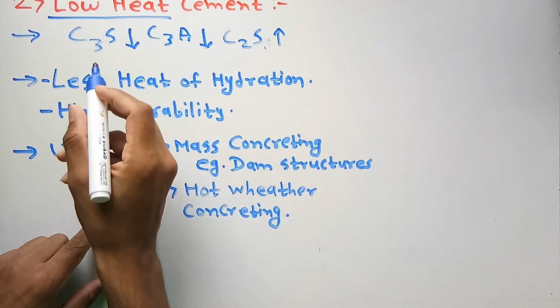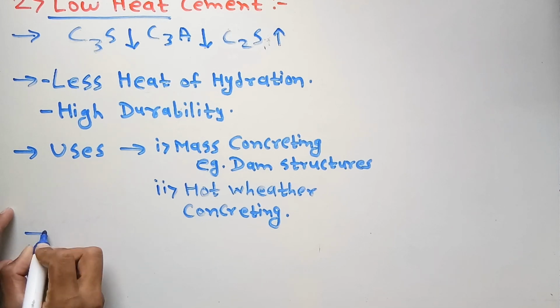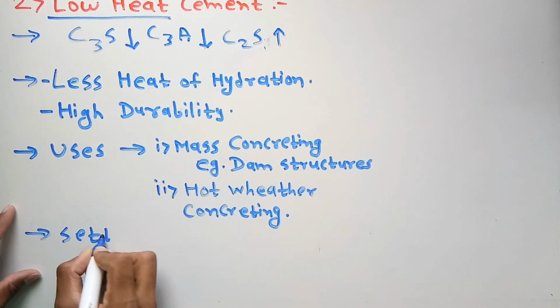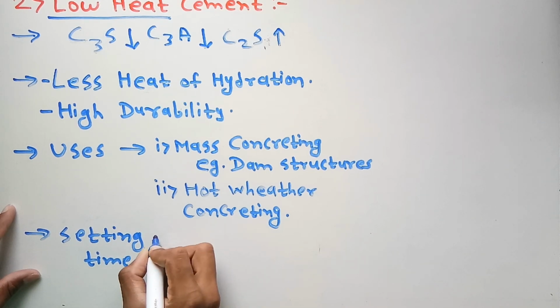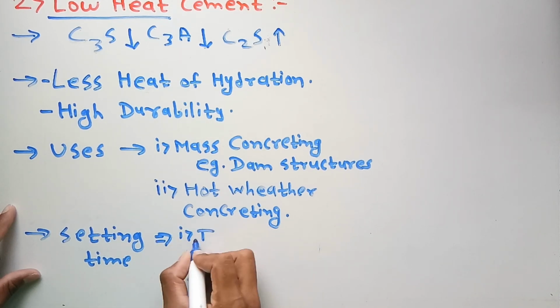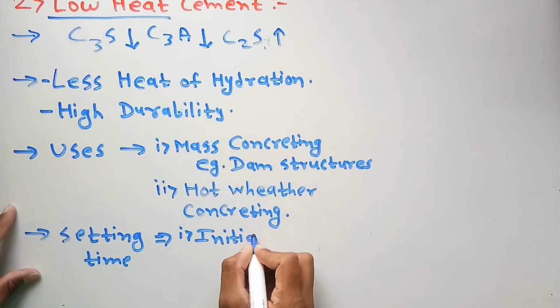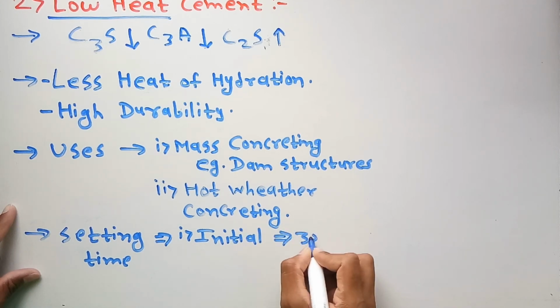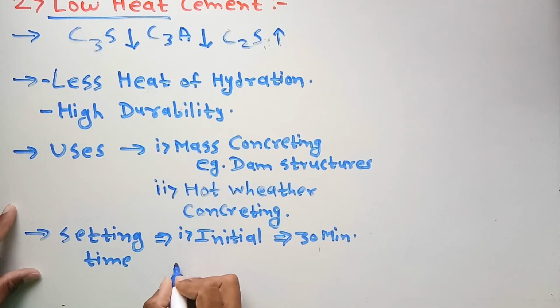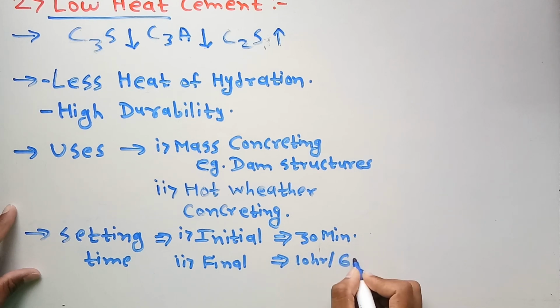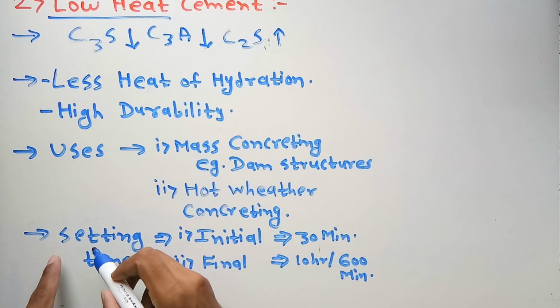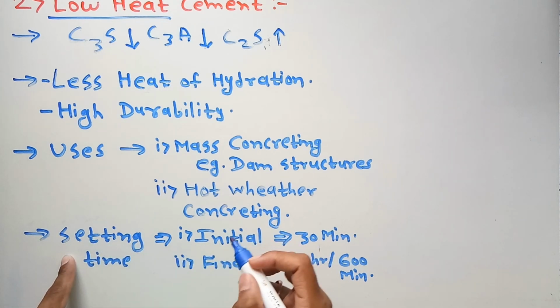Now we will talk about one more property, that is setting times. Setting time is the same as OPC. The initial setting time is the same as OPC, that is 30 minutes, and the final setting time is 10 hours or 600 minutes. As we learned in the last video, what is the difference between setting and hardening, once again we revise here.